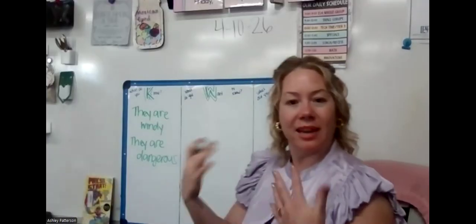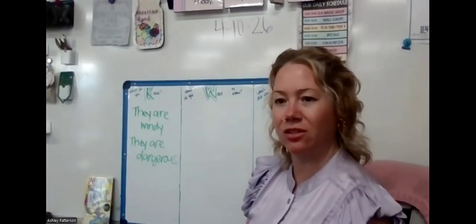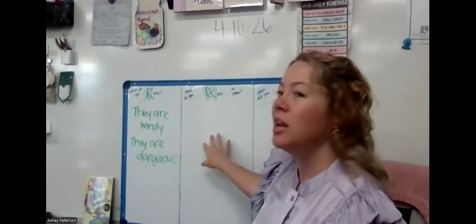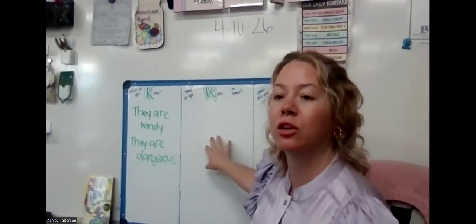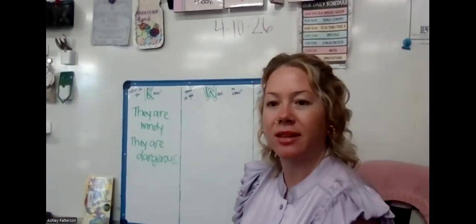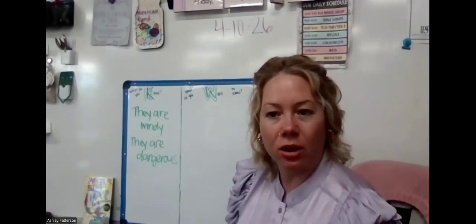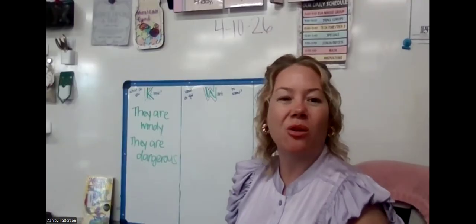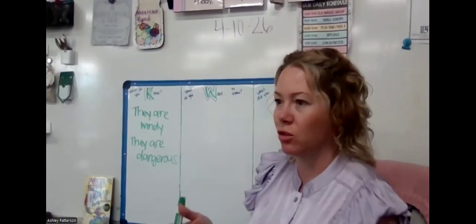Okay, now your second step, before you even read anything, is to ask your child, what do you want to learn? What are you hoping to learn from this passage that we're about to read? Your child might say, why do tornadoes happen? Or how can we be safe when a tornado happens? Great, you're going to want to write those down.